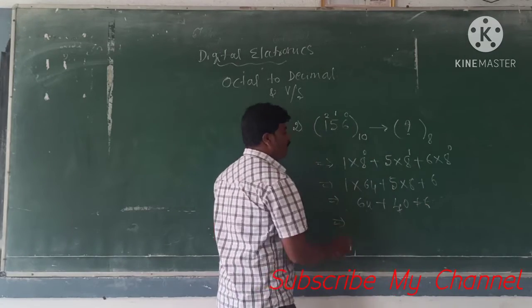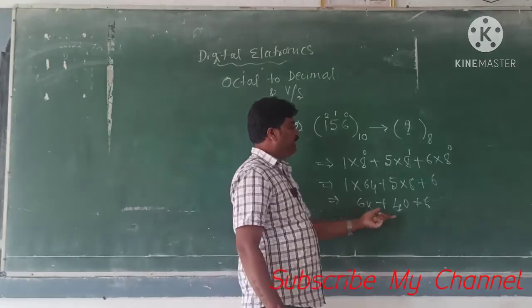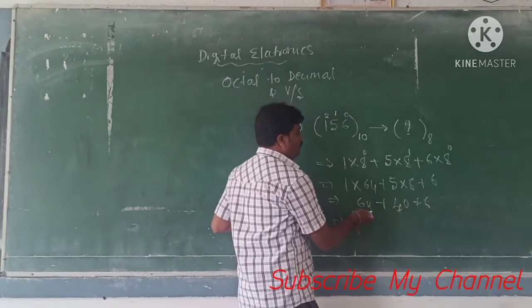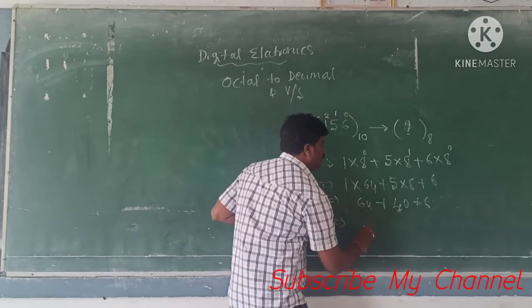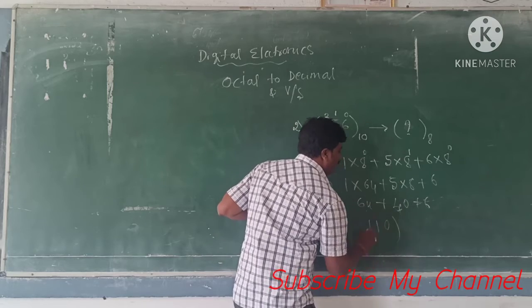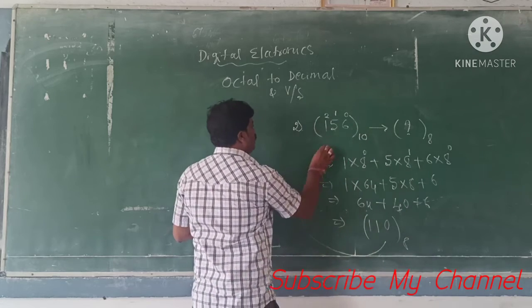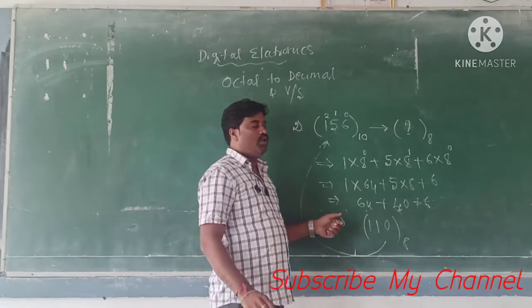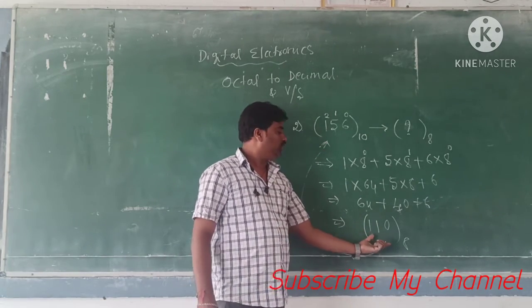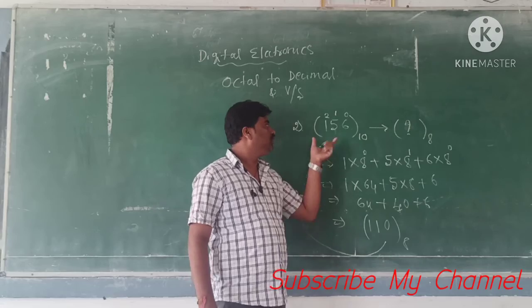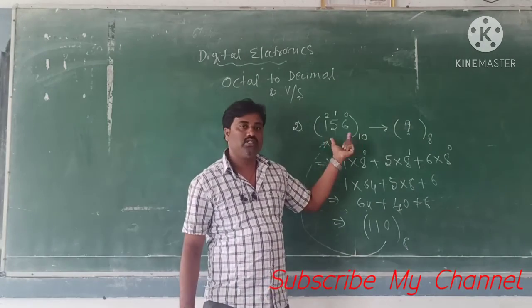The total value of this addition, 64 plus 40 plus 6, is 110. So this is the octal value of this decimal number system. 110 is the octal value of this decimal number system.